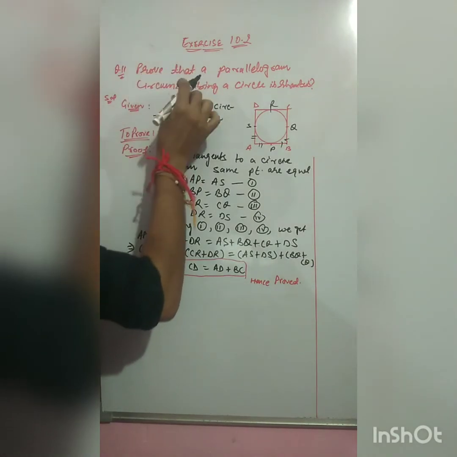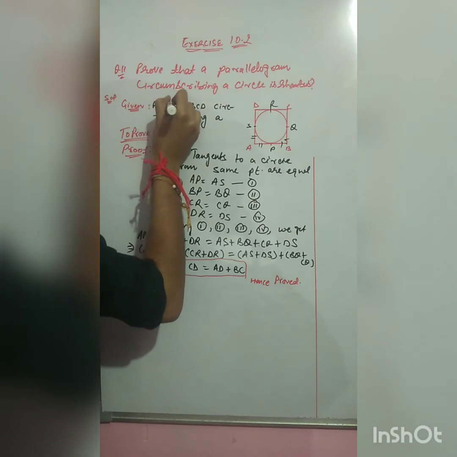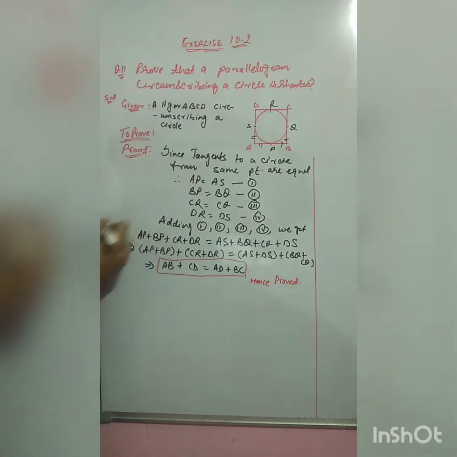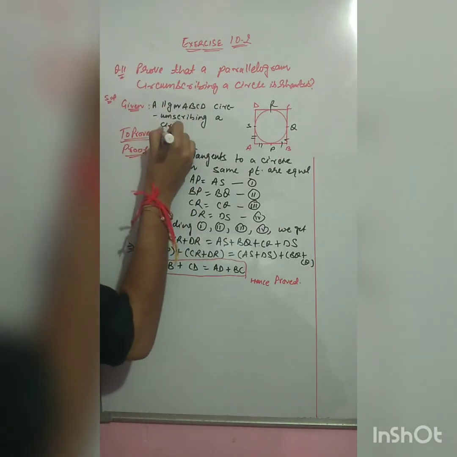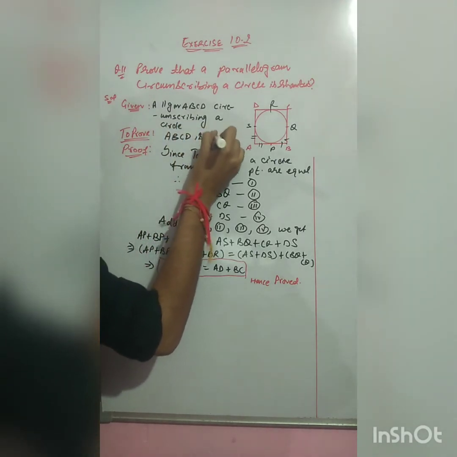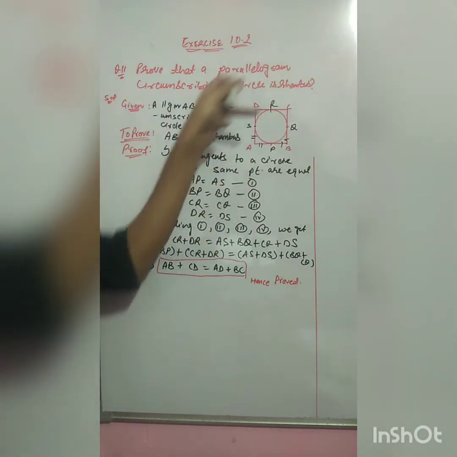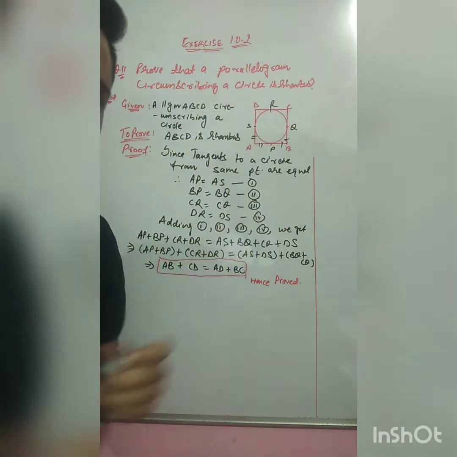So in question number 11, we are given that a parallelogram ABCD is circumscribing a circle, but we have to prove that ABCD is a rhombus. Again, the same diagram we are using.